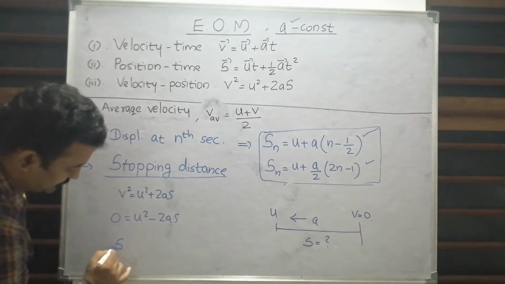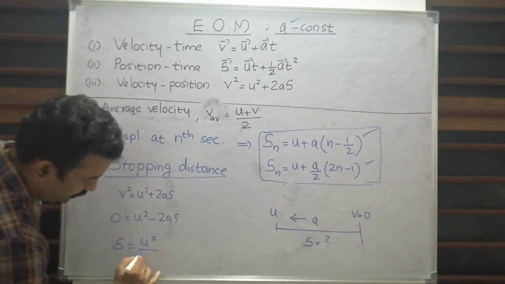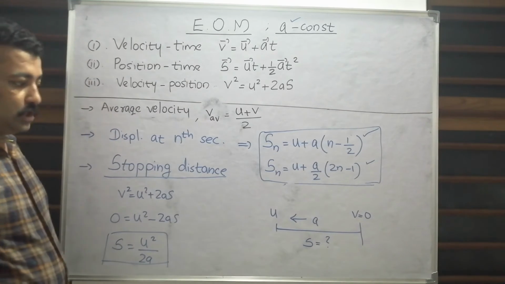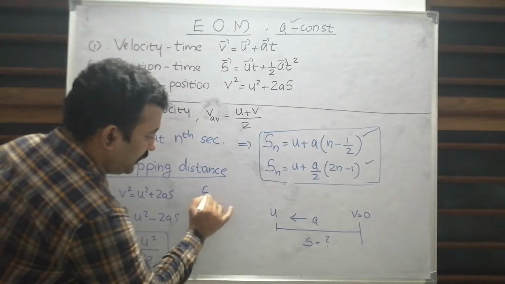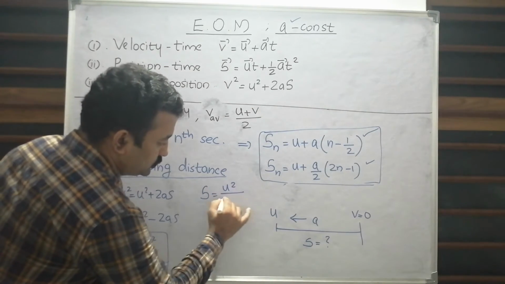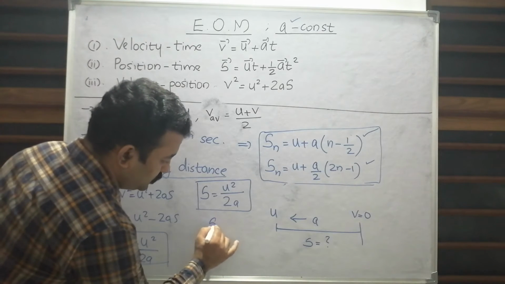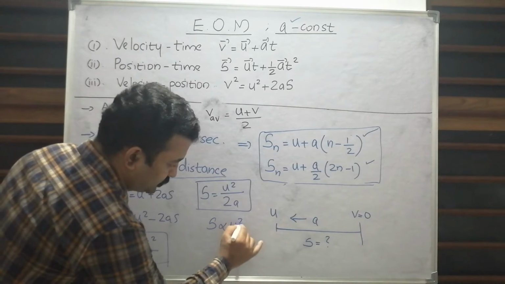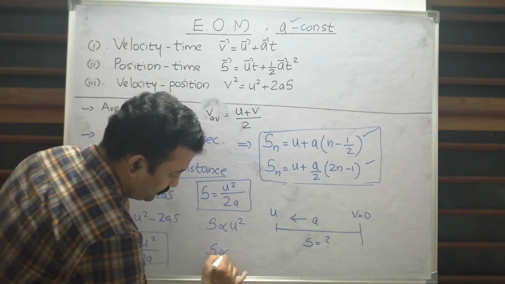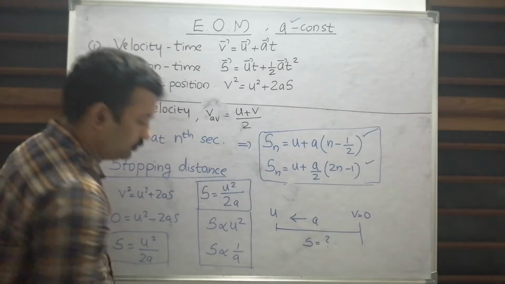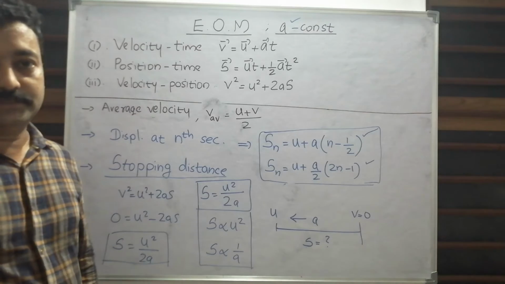We get s is equal to u square by 2a. So the stopping distance is s is equal to u square by 2a. You can generate two proportionalities: s is proportional to u square, and s is proportional to 1 by a. This will be useful for doing different kinds of questions.